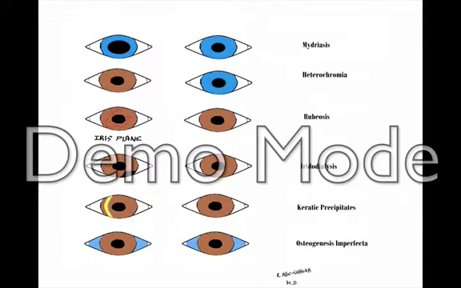In the second condition, we notice a difference in iris color. We describe this as heterochromia. In the third image, we notice prominent blood vessels in the iris structure. This is referred to as rubeosis and can be seen in diabetic retinopathy.